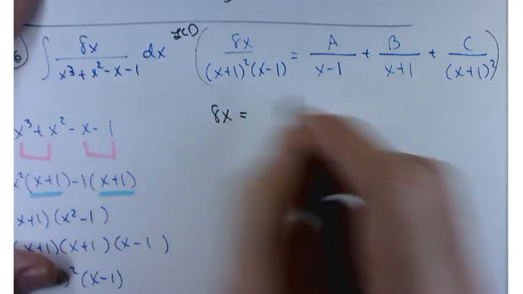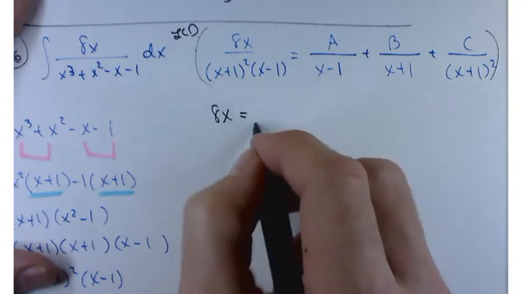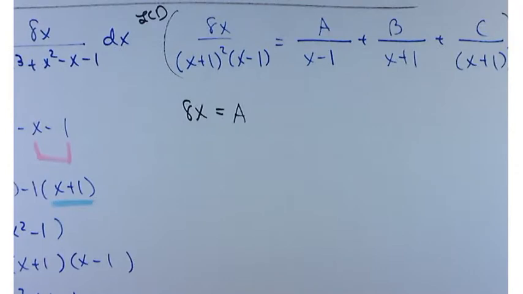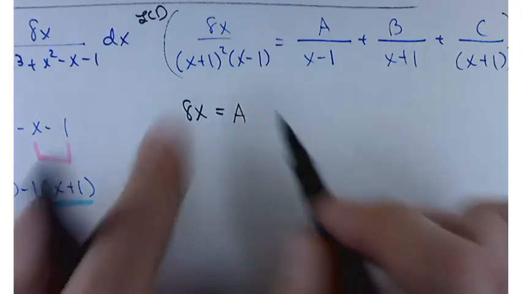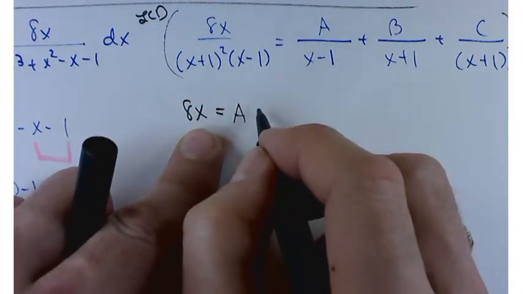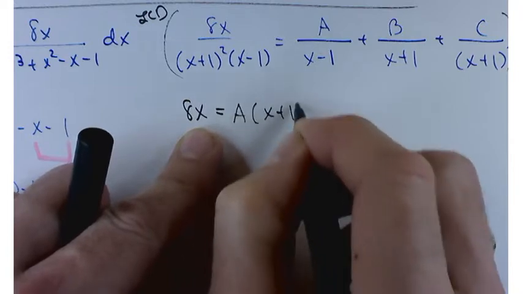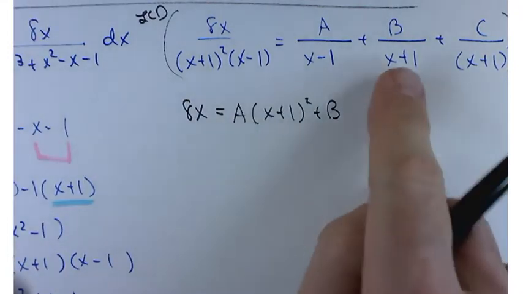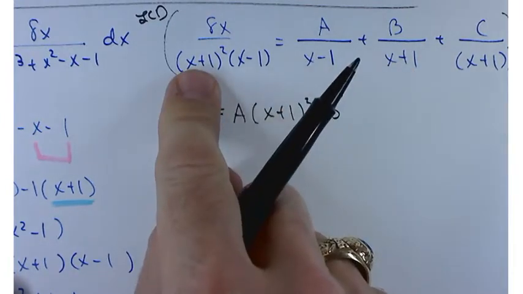We'll get 8x equals A times what? X plus 1 squared plus B. Now B will cancel out one of those.